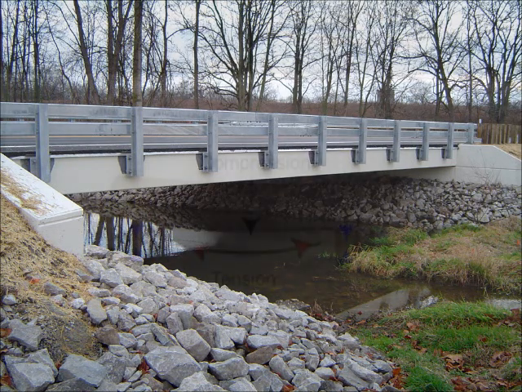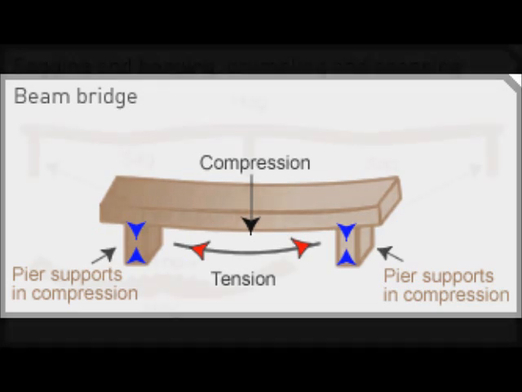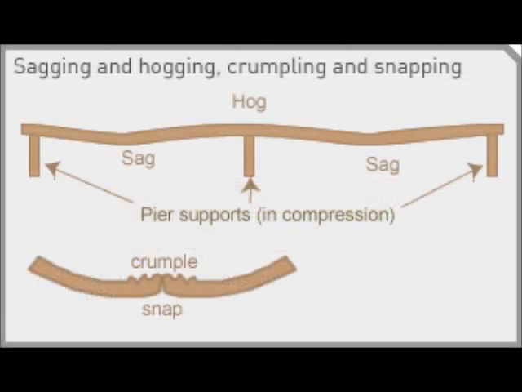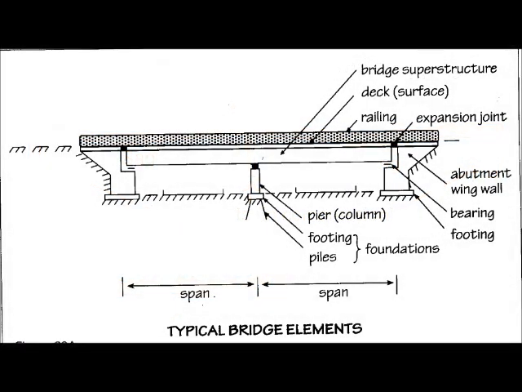All beams tend to sag between the piers and hog over the piers themselves. This results from the downward forces of the load and the upward forces at the pier supports. The greater the span or the load, the greater the tendency towards sagging and hogging.